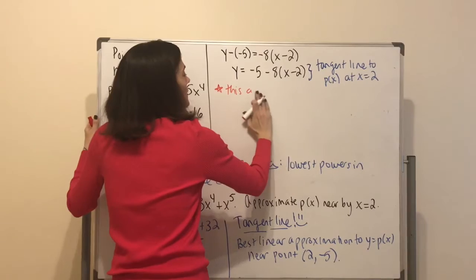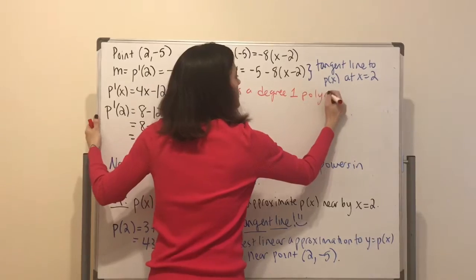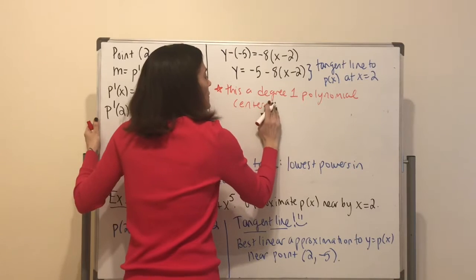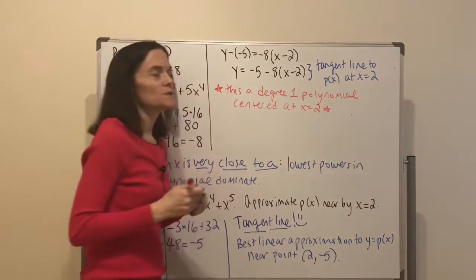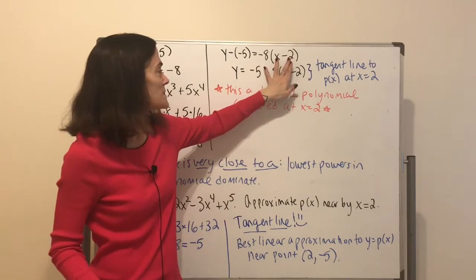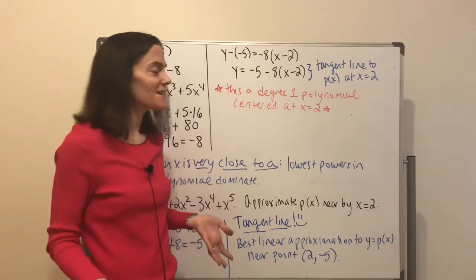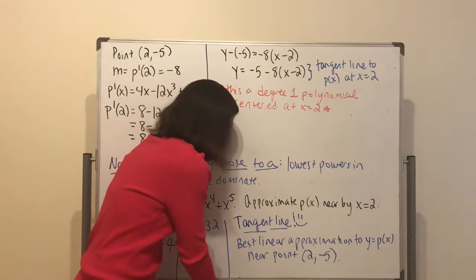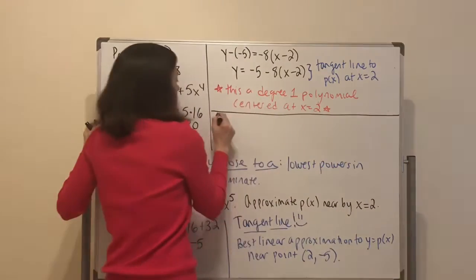It's a degree 1 polynomial centered at x equals 2. And moreover, if you took the order 0 partial sum, which is just that first piece, you get maybe the common sense approximation. Just evaluate the function. And this is the best linear approximation. Generally, what does the tangent line look like? So now maybe I'll put a line and I will write generally.